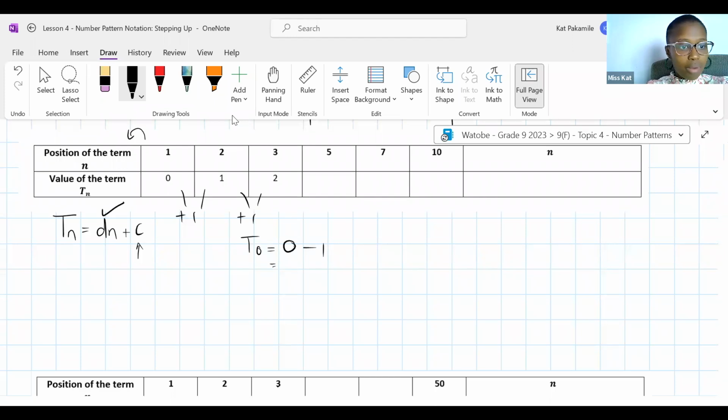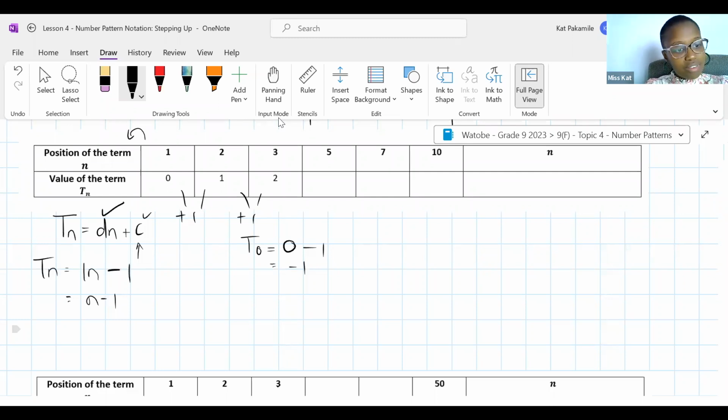Now let's substitute. Tell me what my formula is. Tn equals 1n minus 1, which we can rewrite as just n minus 1. You see that? Yes. Okay, so let's finish our table. Let's do T5. I'm substituting 5.